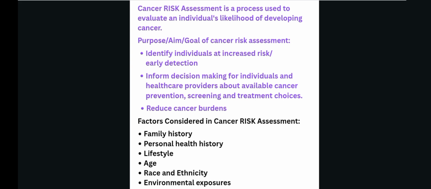Then environmental exposure, like exposure to radiation, like taking medical exposures of radiation, like X-ray, CT scan. Of course, they contribute in increasing the risk of cancer.